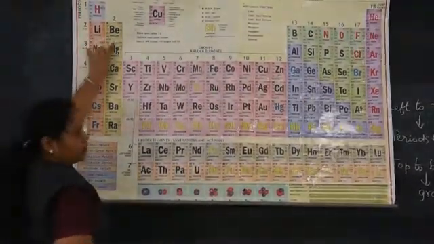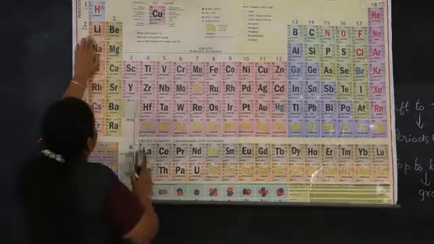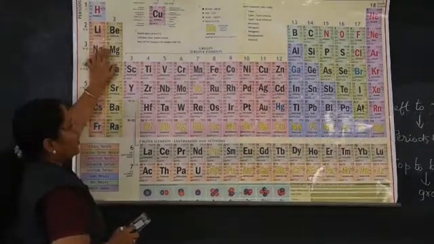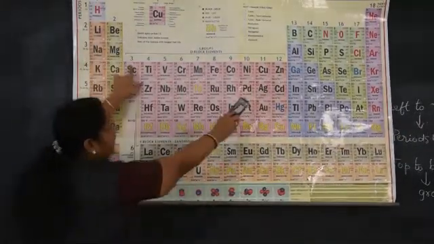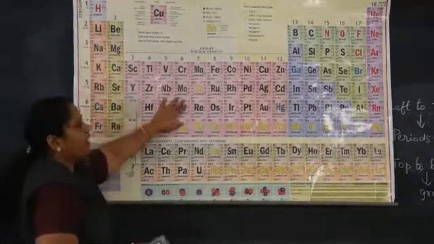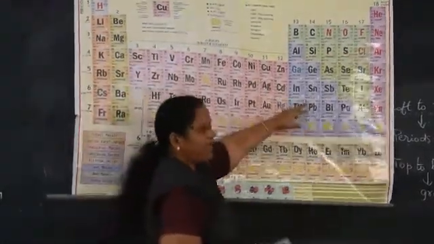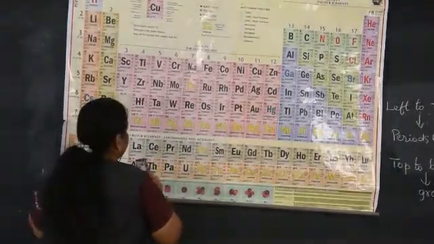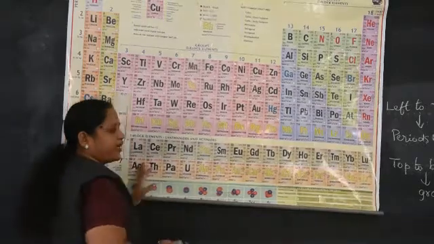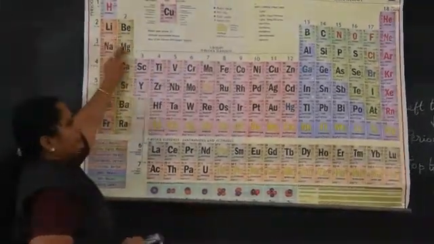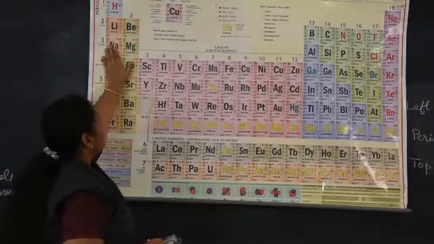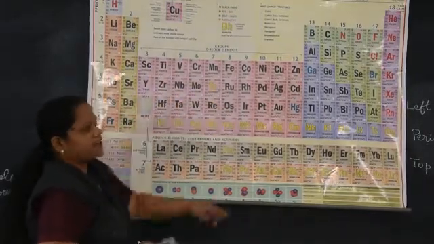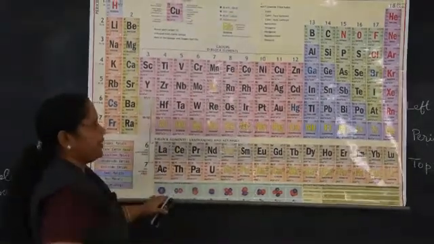Groups 1 and 2 are called s block elements, 3 to 12 are called d block elements, 13 to 18 are called p block elements, and the 6th and 7th periods' separate rows are called f block elements.